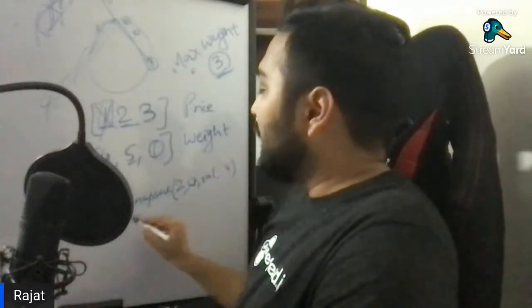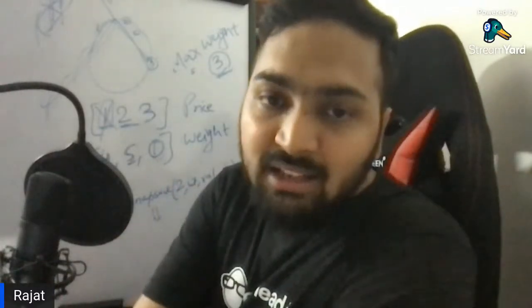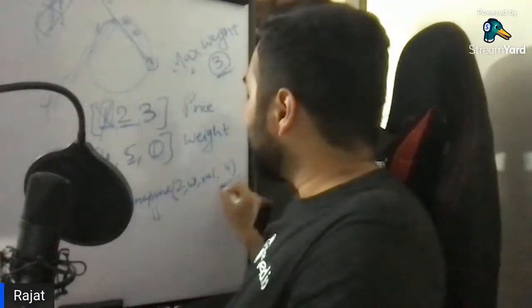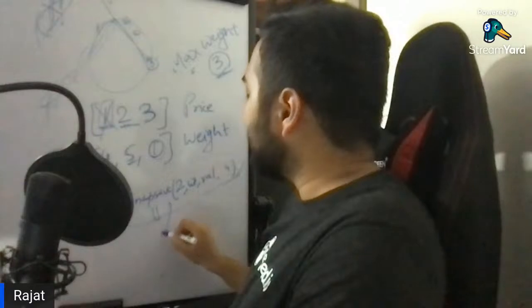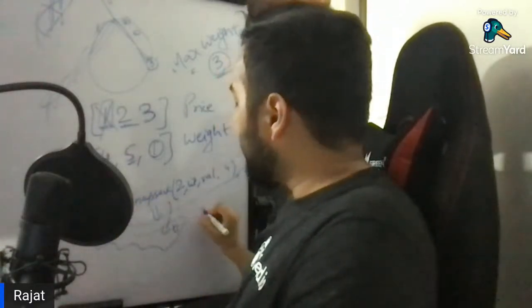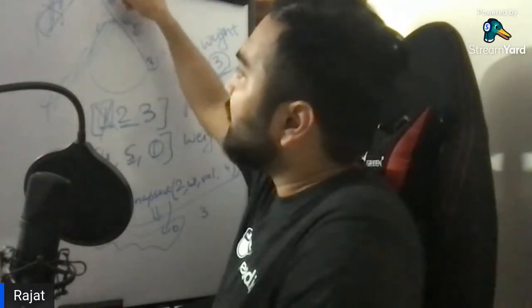So n will become 4, and now ultimately this will reach a point where I'll say that n has reached its limit, so it'll return 0. So this whole thing now will return 0. So the final solution will be 3. So whenever this returns something, it returns 3 here, it returns 3 here, and ultimately on the top where the answer has to be printed, it will be 3. So the answer becomes 3.